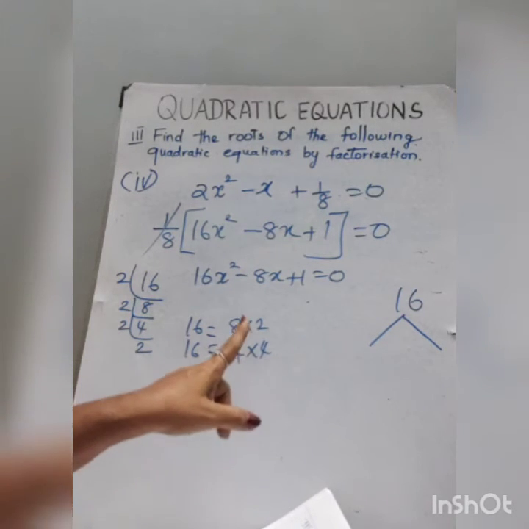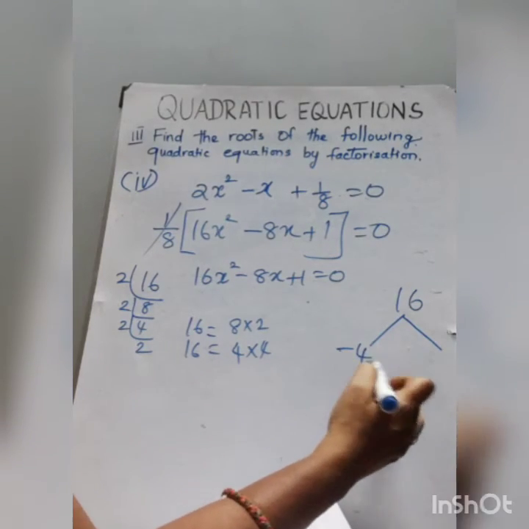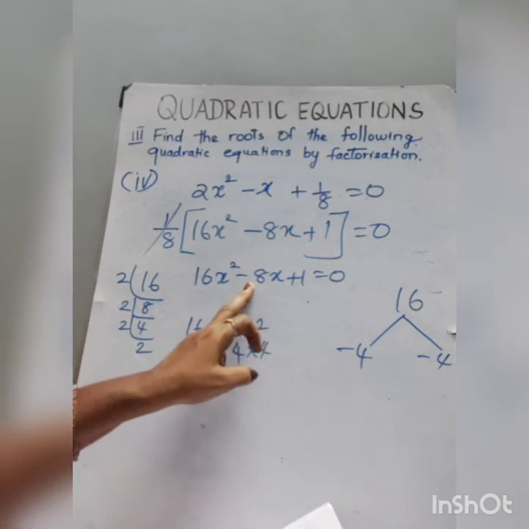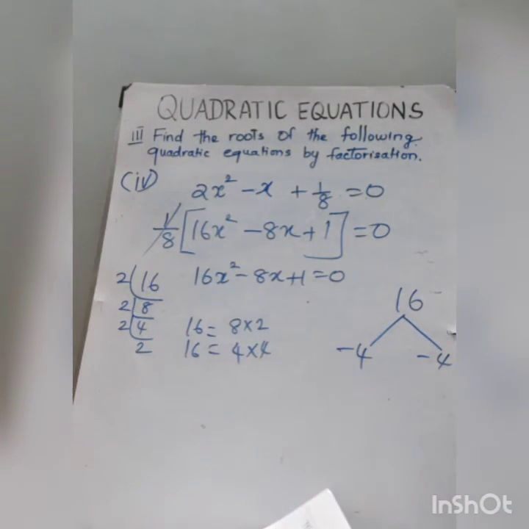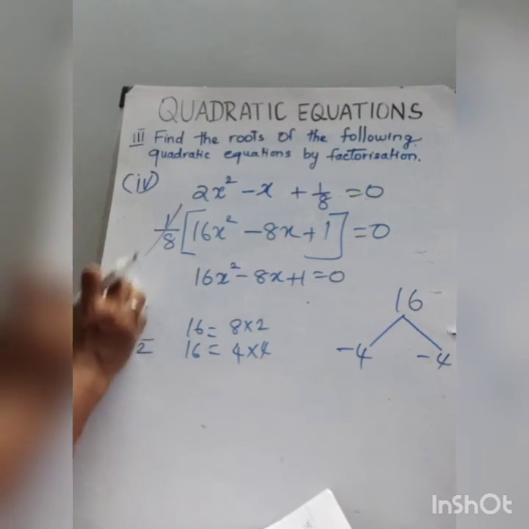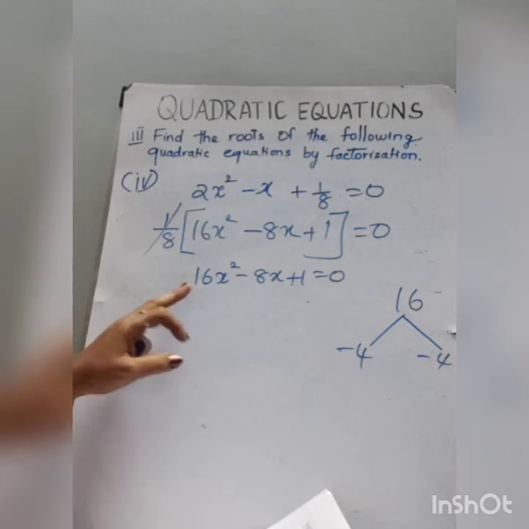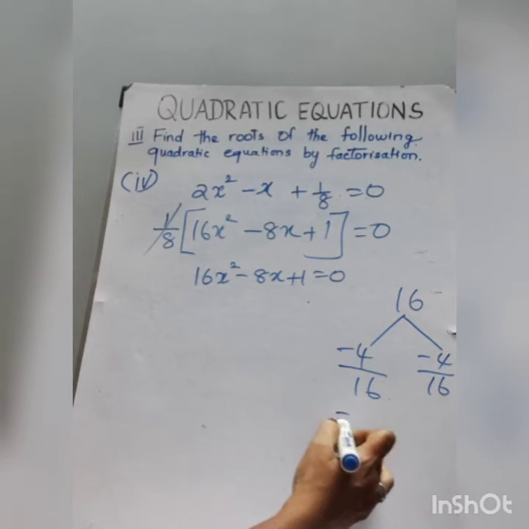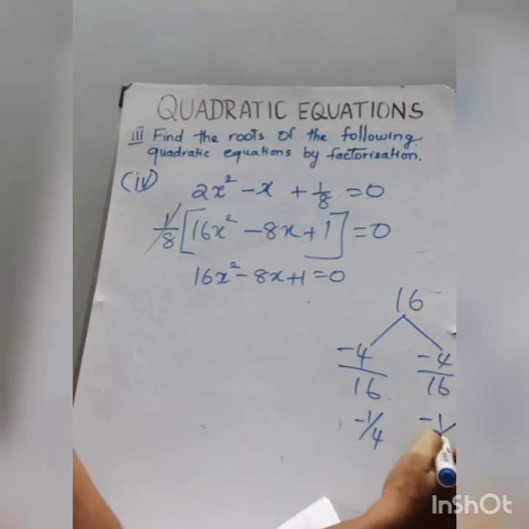So if I take minus 4 and minus 4, if I add these two, I am getting minus 8. If I multiply these two, I am getting plus 16. So this combination I can take. Since the x square coefficient is 16, I should divide it by 16, so that this is minus 1 by 4 and this is minus 1 by 4.